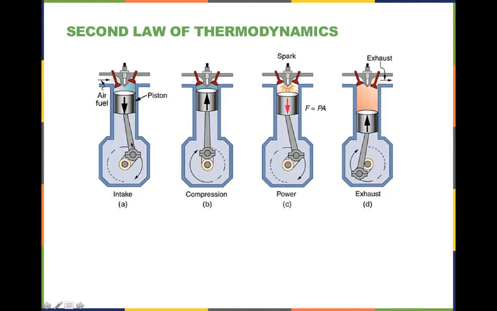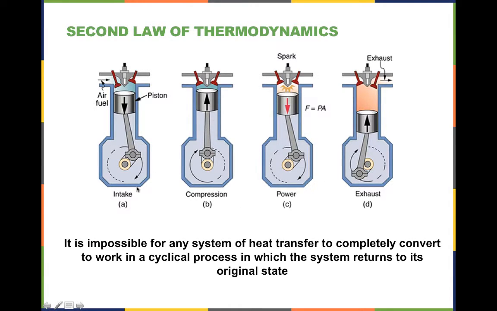So here's an example. It looks very much like a car. This is the way a car piston works. In a car piston situation, it is impossible for any system of heat transfer to completely convert to work in a cyclical process in which the system returns to its original state.